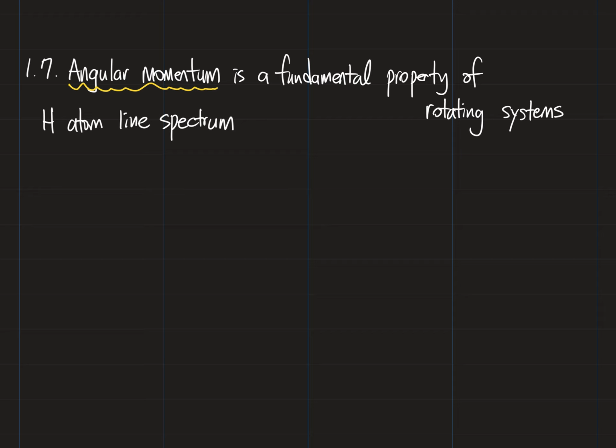At the same time, experiments by Rutherford, Geiger, and Marsden had just given us this new picture of the atom: a tiny, dense nucleus with positive charge, with electrons having negative charge orbiting it, something like this.